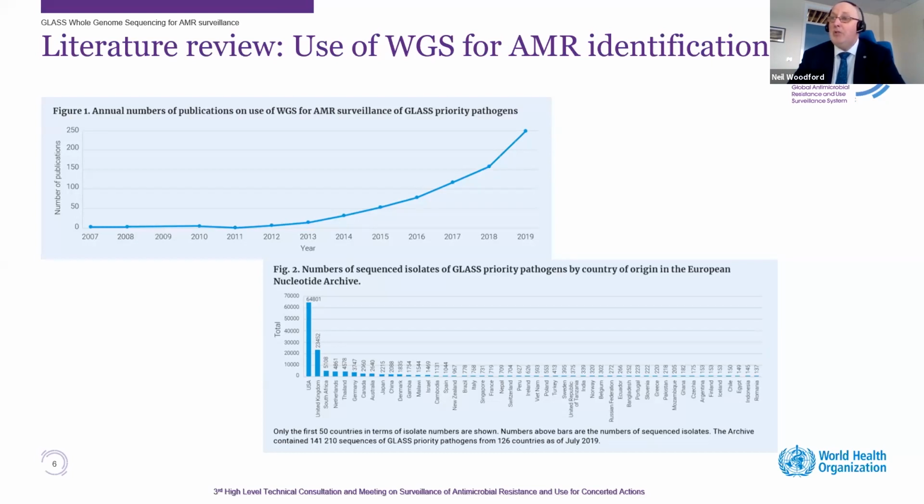So huge numbers from the US, the UK, but after that, the numbers very rapidly drop off. It would be great to see more countries submitting more isolates genome sequenced so that we have better representation of antimicrobial resistant organisms across the globe.